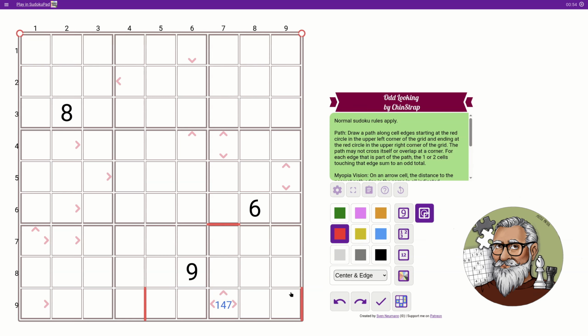But where would this go then? How would this work? Because this would have to continue here. I mean, it can't end there, right? So it's not allowed to pass under this cell because then this part would be closer than the indicated arrow part.